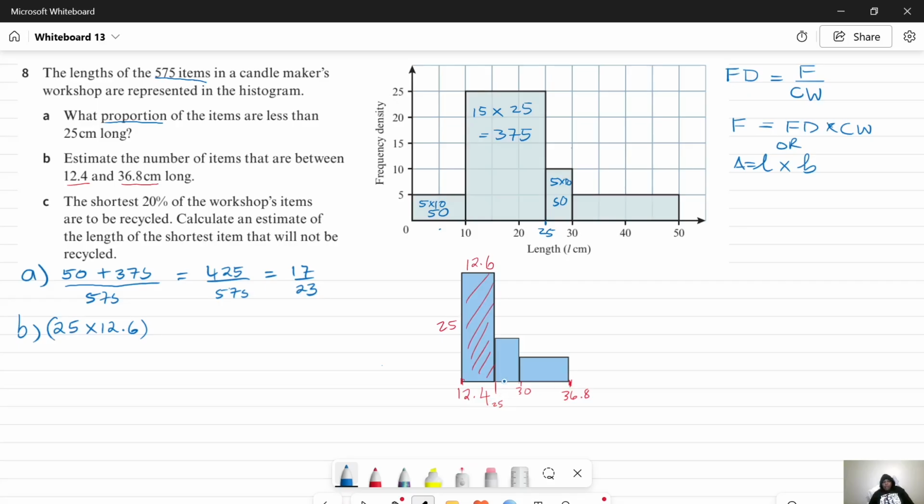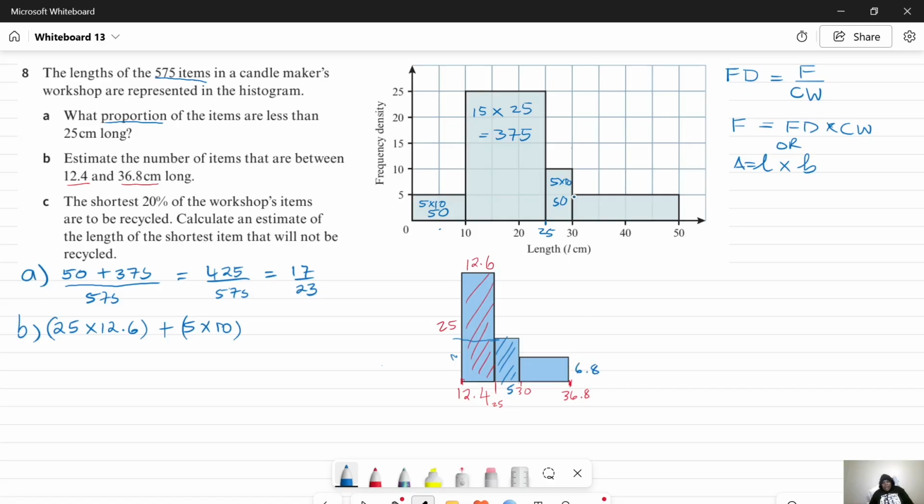Then from 25, I have to use my area. This is a 5 by, and if I look at this, the height is 10. So plus a 5 by 10. That's the next bar. And the last one, from 30 to 36.8, I'll have a 6.8.